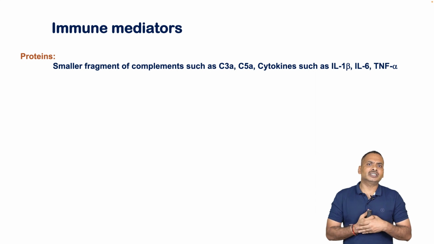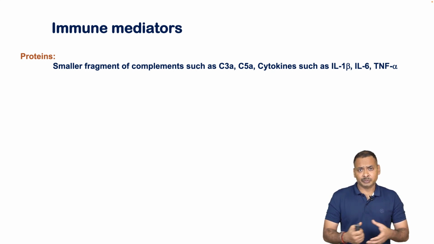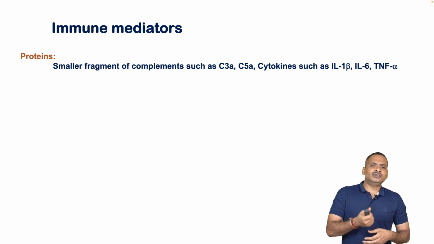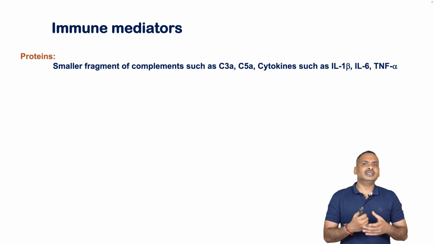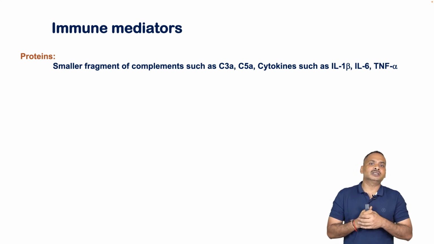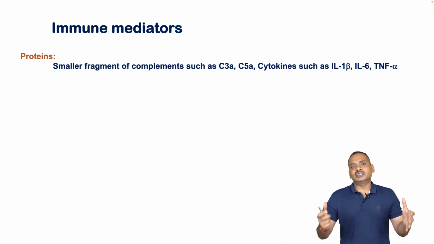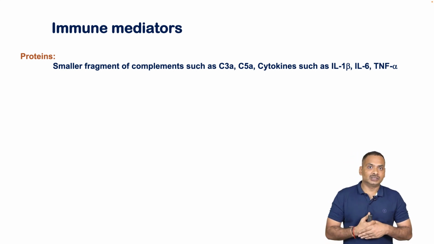You have studied the cytokines, but besides cytokines there are some proteins which play a very important role in immune responses. Among these are C3a and C5a. These are smaller fragments of complement. Complement is basically a set of proteins, synthesized in the liver, which plays a very important role against invading pathogens.